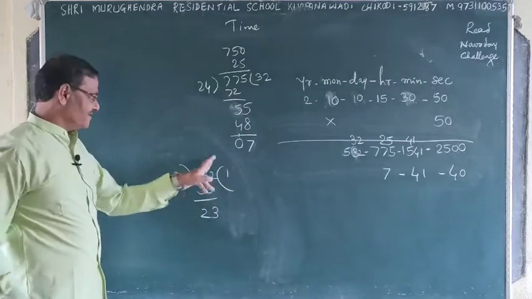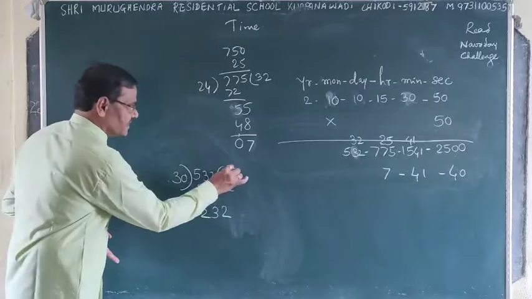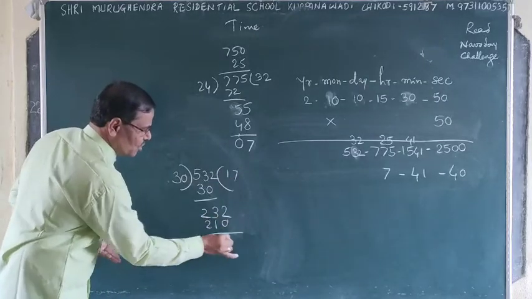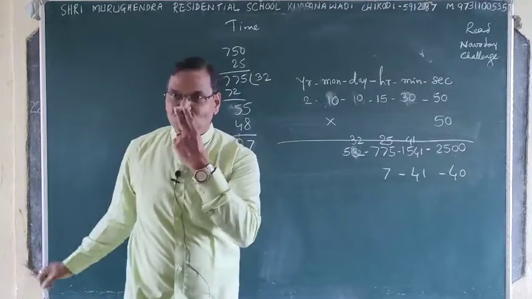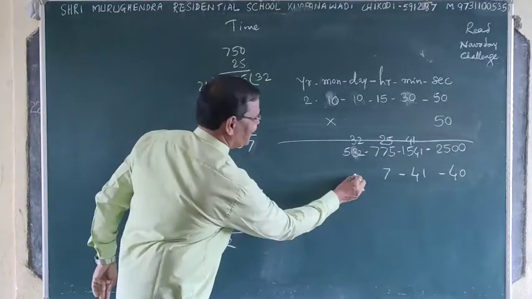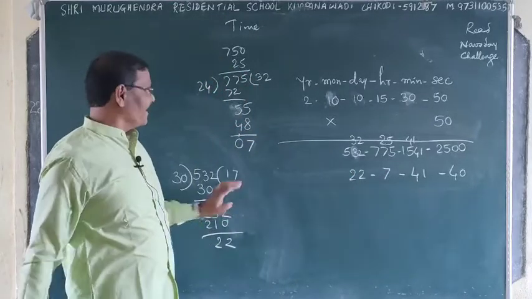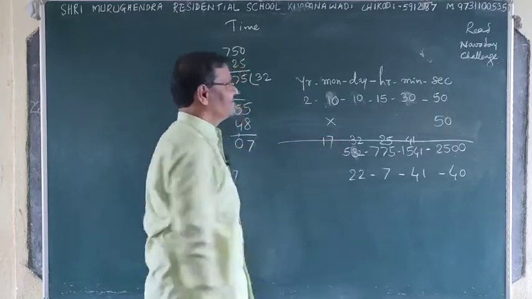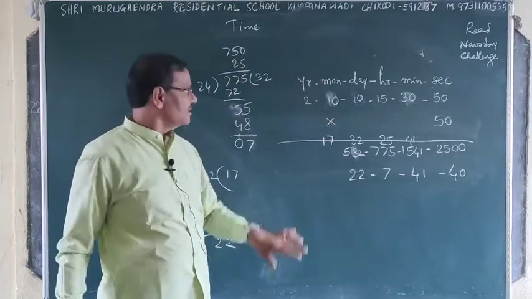Sum is correct. 2 came. 3 8s are 24. 7s are 21. 22 days remained, whereas 17 months it is.